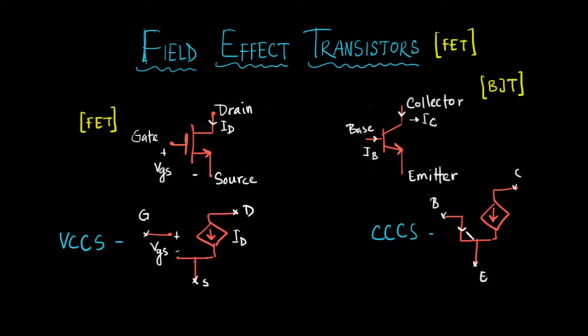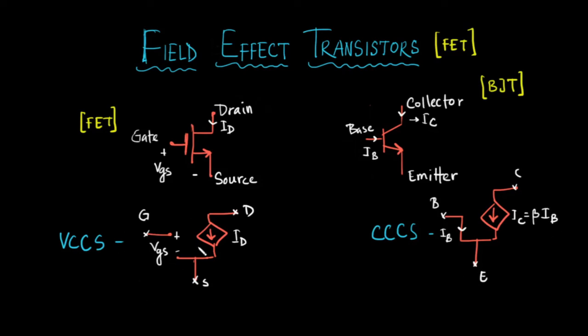And this was the input current IB, and this was the output current IC. So in a BJT, the output current depended on the input current through a factor beta. We call that the gain of the BJT. So we wrote IC equals beta times IB.